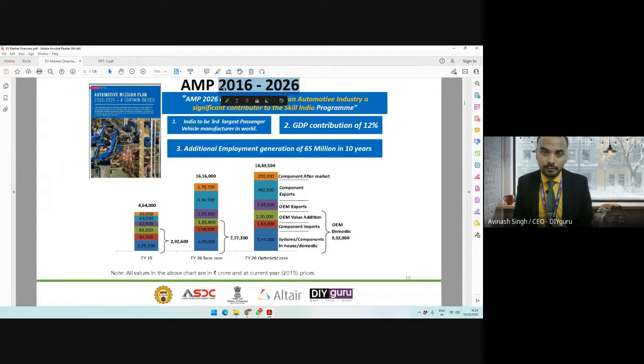Because they can actually simulate the whole functioning of different components on MATLAB and Simulink. That is called model-based design, MBD, right? So model-based design was first done on the Tata Nano.